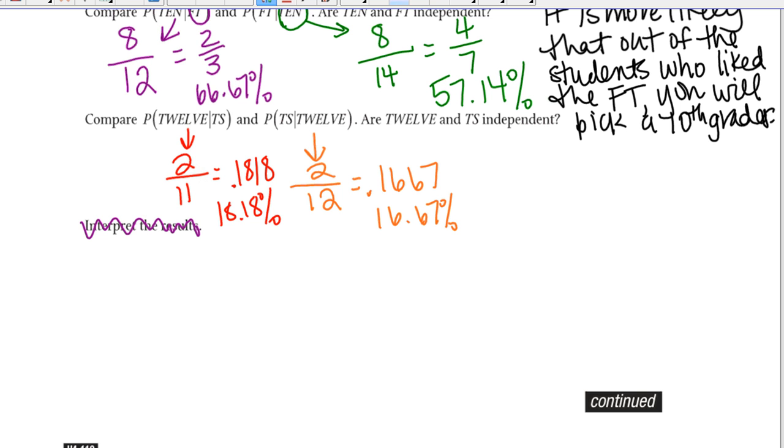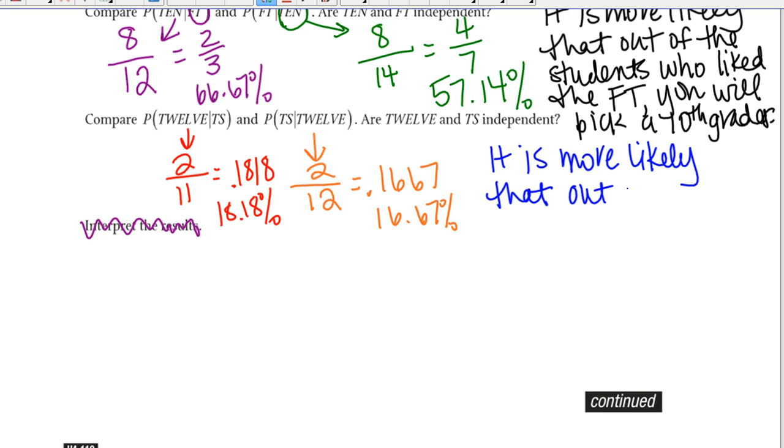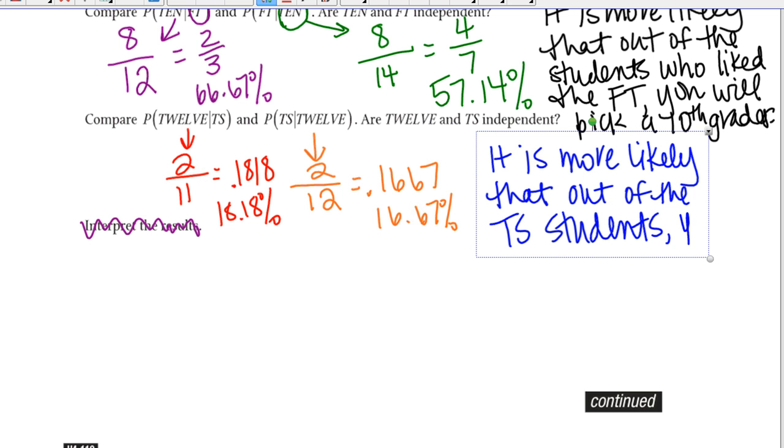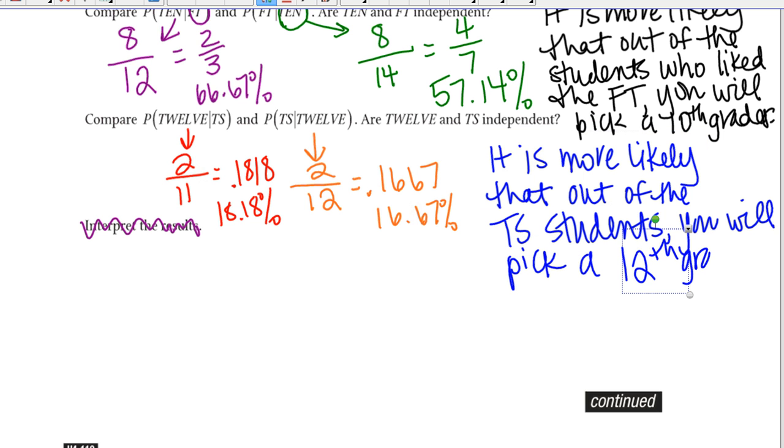So while it's close, it's more likely that out of the talent show people, so the people who liked the talent show, you will pick a 12th grader. Okay, it's pretty close, but your sample space on the first one is just a tiny bit smaller by one person, so it's going to be more likely.